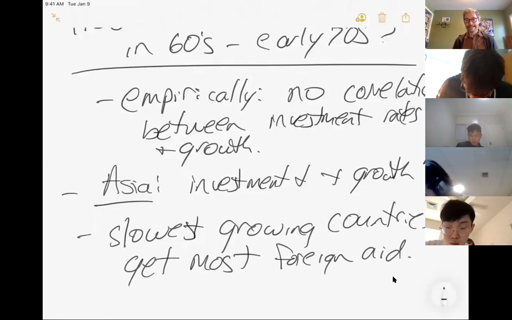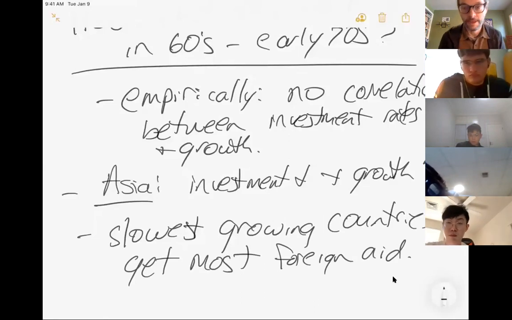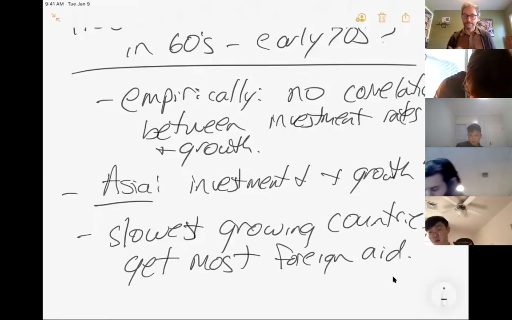And aid does not jumpstart growth, unlike what the Harrod-Domar model said. So the Harrod-Domar was saying you give countries aid and that's going to jumpstart growth. There was no jumpstart. Those countries that were not growing continued not to grow.